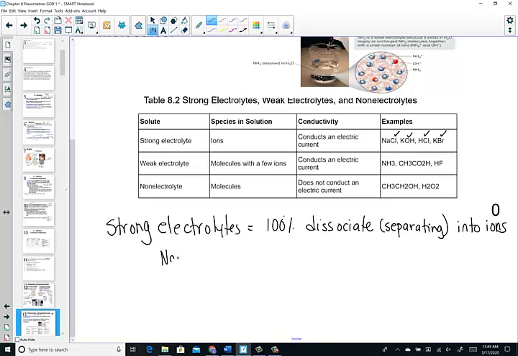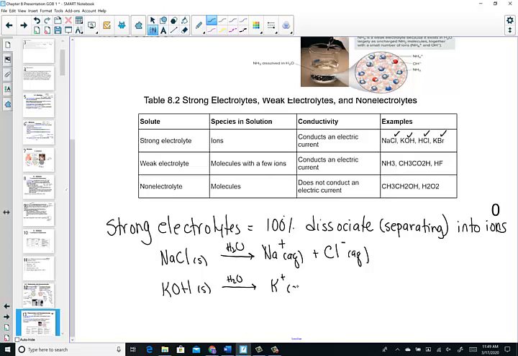When sodium chloride as a solid is placed into water, we form 100% an aqueous ion of sodium and an aqueous ion of chloride. When potassium hydroxide is taken out of the bottle, it's a white crystalline solid. When I take that and dissolve it into water, the ions will separate into an aqueous potassium ion and an aqueous hydroxide ion.